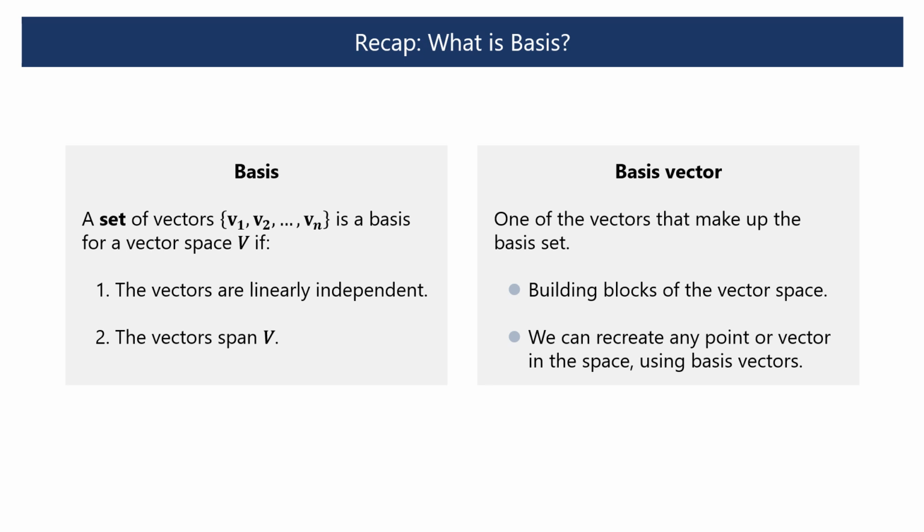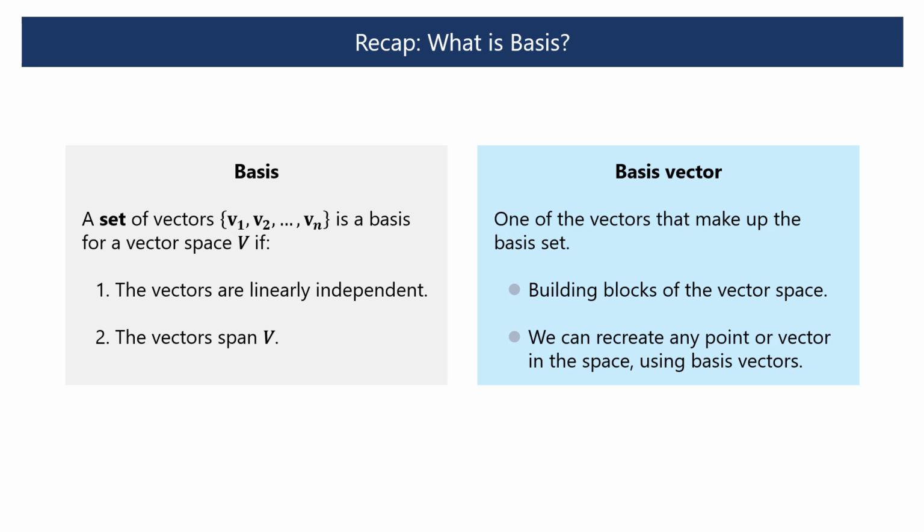Let's start with a recap of the basis. A basis is a set of vectors that are linearly independent of each other and span a vector space. A basis vector is one of the vectors that make up the basis set. The basis vectors are the building blocks of the vector space.